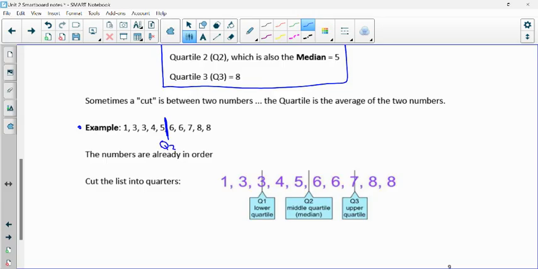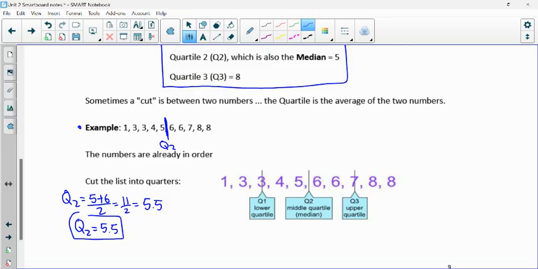So that is my Q2, right in between there. So what is in the middle of 5 and 6? 5.5. So again, you have to either think, what's the middle of 5 and 6? Or you can find the average. So you can add them up. 5 plus 6 divided by 2, that's 11 divided by 2, which is 5.5. Okay, so Q2 is 5.5.